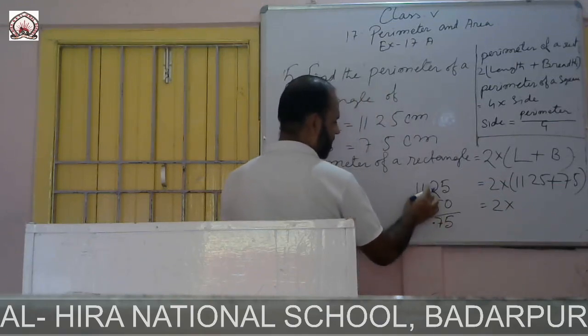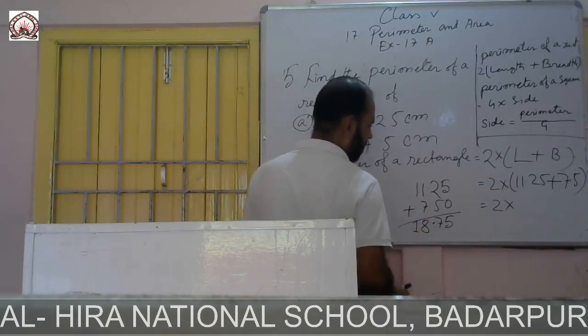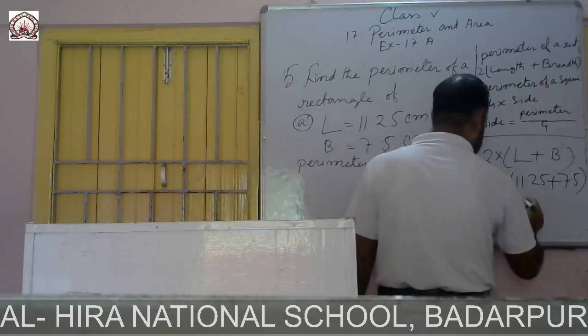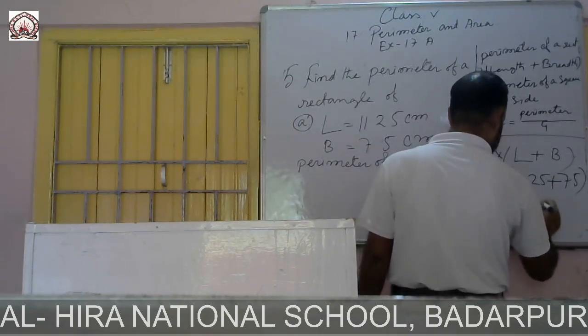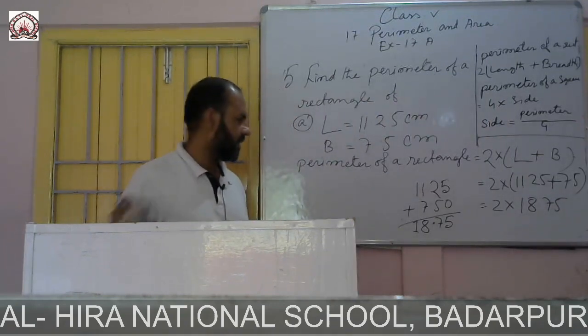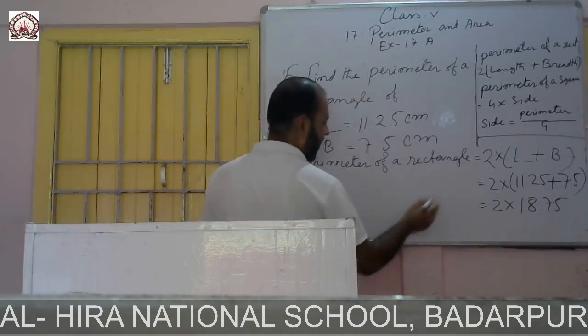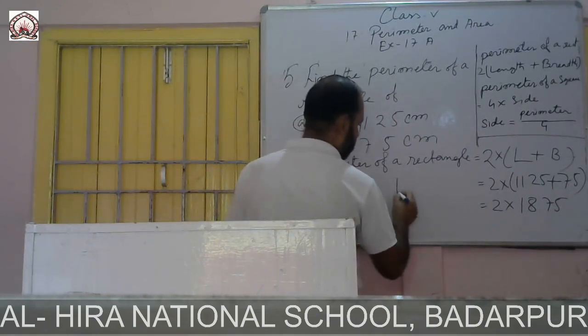Here point 7. 7 plus 1 is equal to 8. So 18.75. Now 18.75 multiplied by 2.